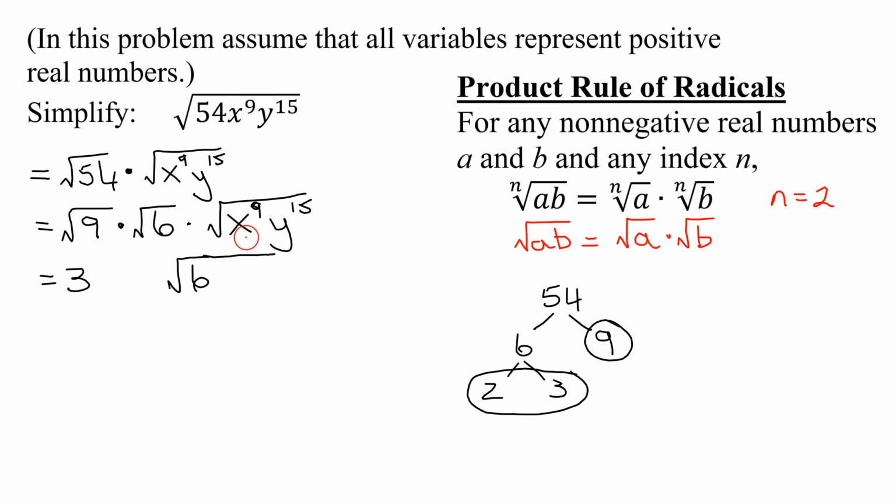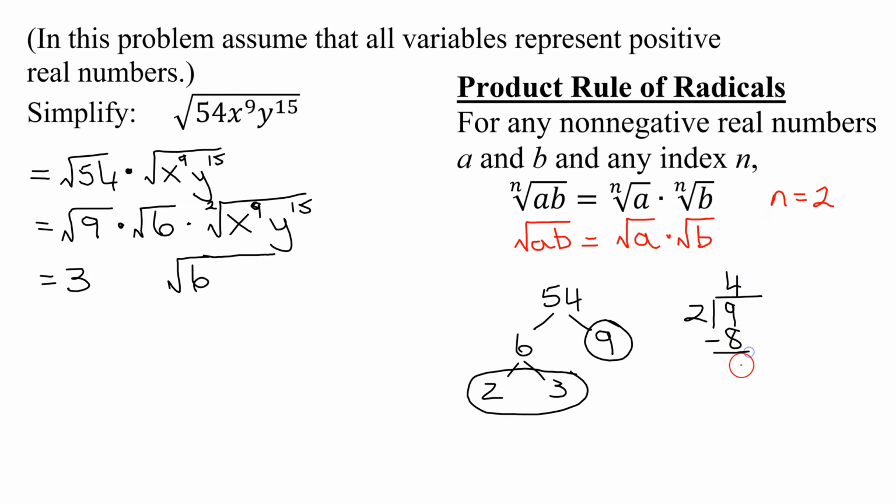Now I'm going to deal with the square root of x to the 9th y to the 15th. To do that, I'm going to use the shortcut method. Remember, what's the index on this square root? It's a 2. And the shortcut method says you take the index and you divide it into the exponent on the x, which is a 9. 2 divides into 9 4 times. 4 times 2 is 8.